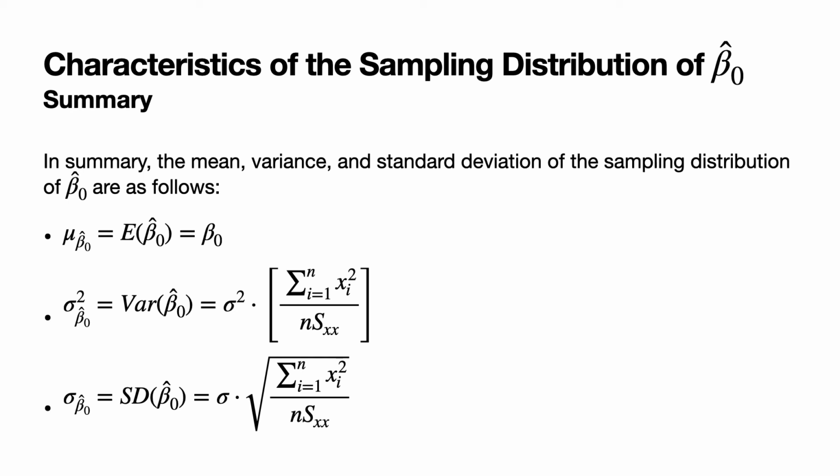The variance of beta 0 hat is equal to sigma squared times the sum of the squared x values divided by n times s sub xx. And finally, the standard error of beta 0 hat, which is the same as the standard deviation of the sampling distribution of beta 0 hat, is equal to the square root of its variance. And so sigma times the square root of the sum of the squared x values divided by n times s sub xx.